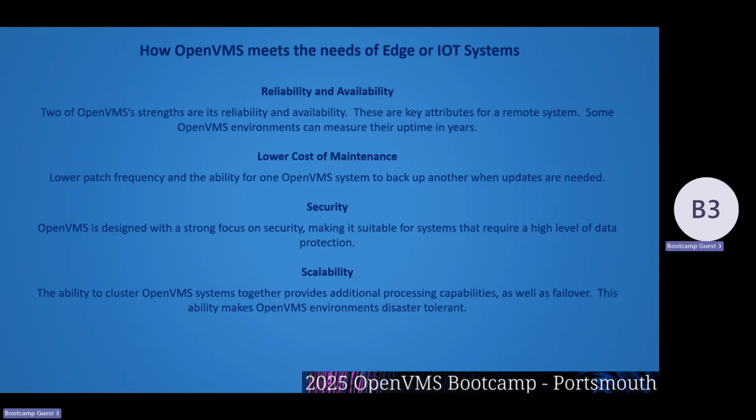You're not putting a very expensive system out there in the field, so there's a lower cost of hardware. We all know that OpenVMS, if you're lucky, you get maybe 1 patch kit a year or maybe 2, so it's a lower cost of maintenance.